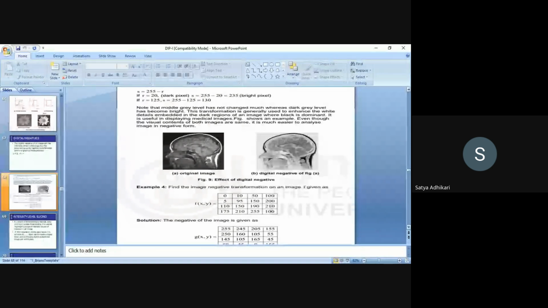The border of the original image is totally white, but the border of the digital negative form in B is black. And you also find the pixels which are darker in the first image are brighter in the second image.